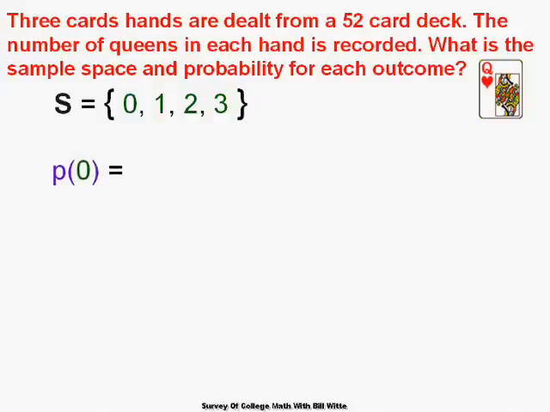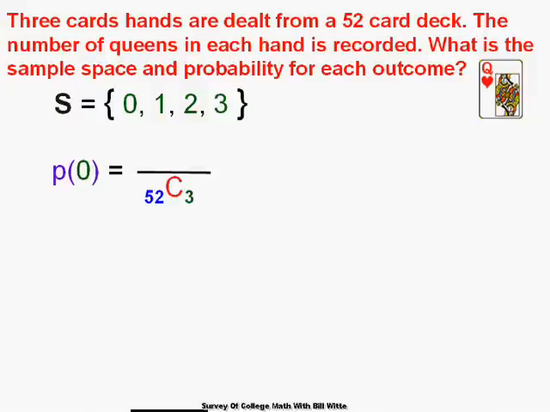Now let's figure out the probability of getting no queens from a 52 card deck in 3 card hands. As I usually do, I'm going to figure out the sample space first. It's going to be a combination of 52 cards taken 3 at a time.